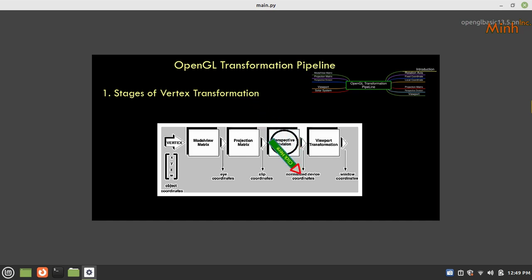That is the normalized device coordinate. After perspective division is done, we have x, y, z. We don't need z, because z would be transformed into x and y only, since the magnetic tape inside the camera is only two-dimensional.